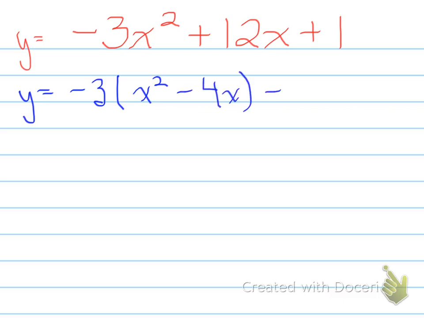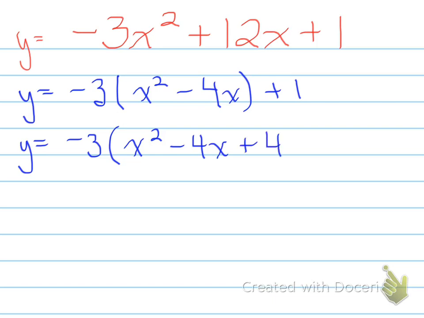And then we have plus 1. So our next line is going to be y equals negative 3 times x squared minus 4x plus 4, that is this number divided by 2 and squared, plus 4 and minus 4, and then plus 1.